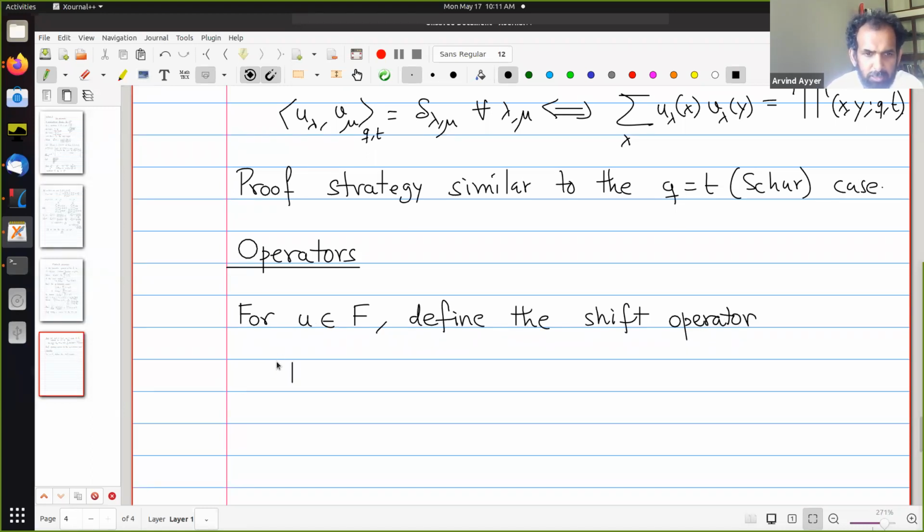So this is T_{u,xi} of f at x1 up to xn.